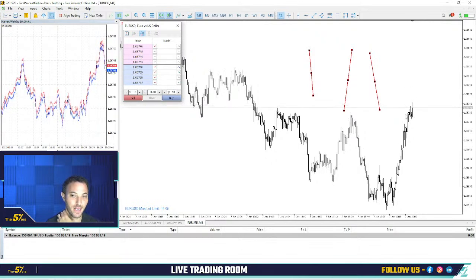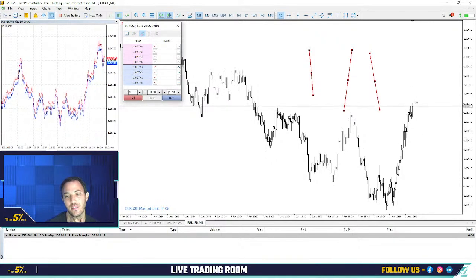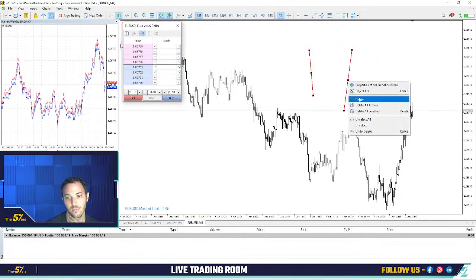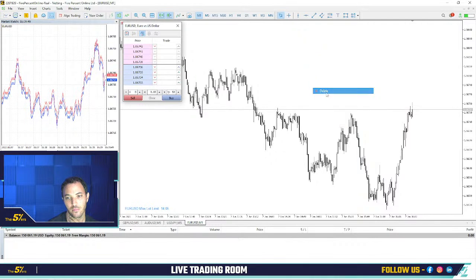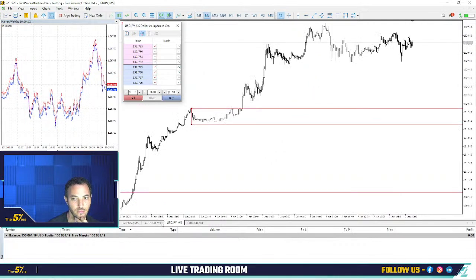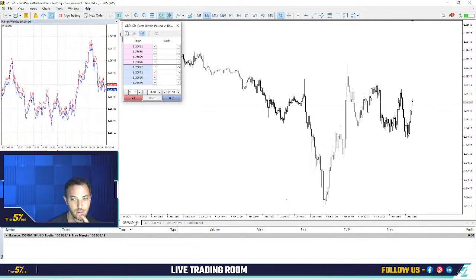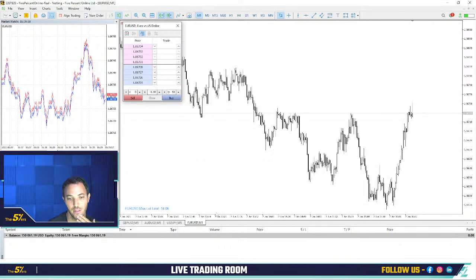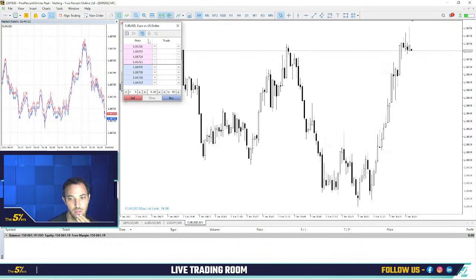So I expect the pullback, I wait for the pullback, and then I'll start building longs. But it's a different setup. It's a different reason to go either long or short.